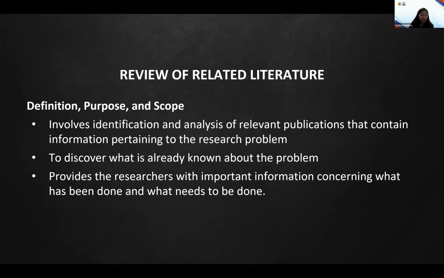It involves identification and analysis of relevant publications that contain information pertaining to the research problem. Okay, so it discovers what is already known about the problem because we are looking at those previously published studies. It provides the researchers with important information concerning what has been done and what needs to be done.